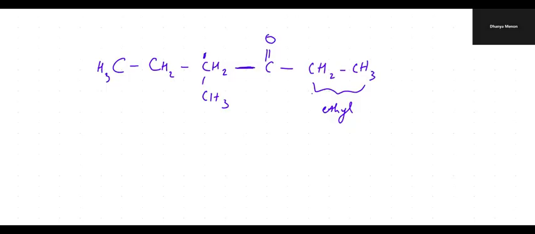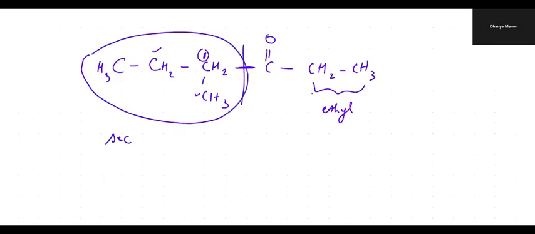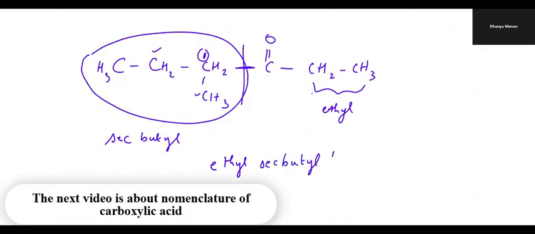So this is surrounded by 2 carbon atoms. So definitely this is secondary, and there are 4 carbons in total. I'm just talking about this part. In common name, we consider all the carbon atoms. So secondary butyl, and this is the ethyl group. So how do we name it? Ethyl secondary butyl ketone. This is the common name.